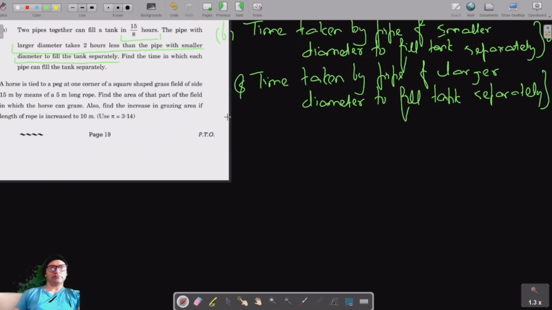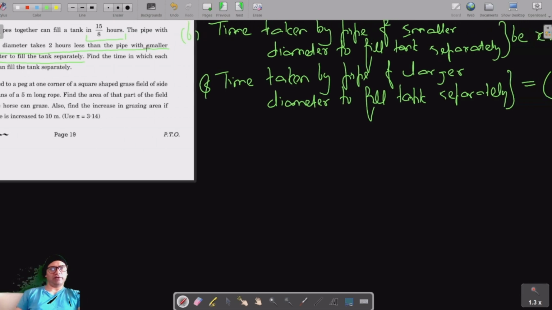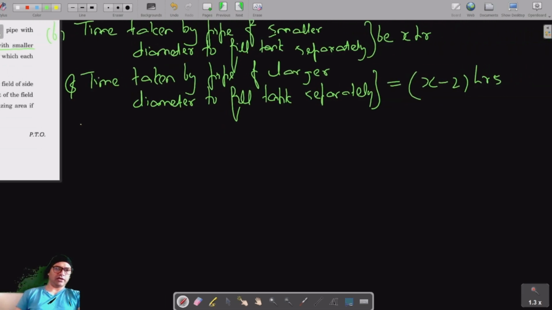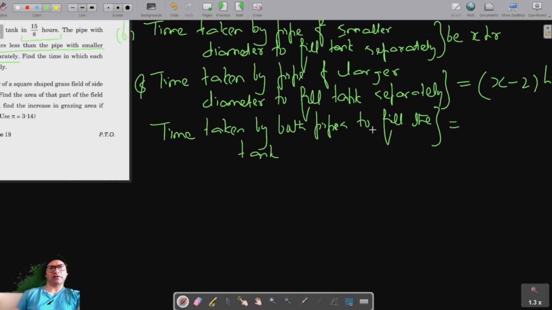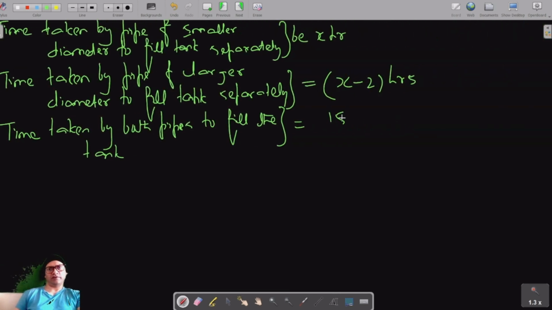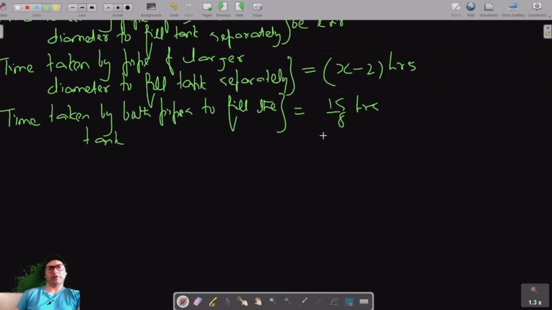Now it's given that two pipes together can fill a tank in 15 by 8 hours, so the time taken by both pipes to fill the tank is 15 by 8 hours.